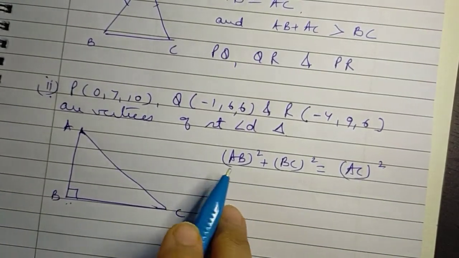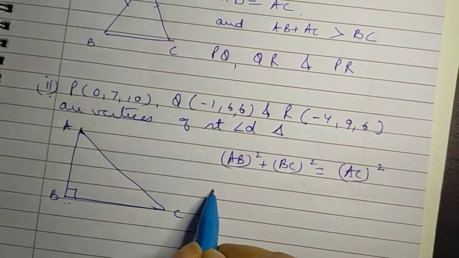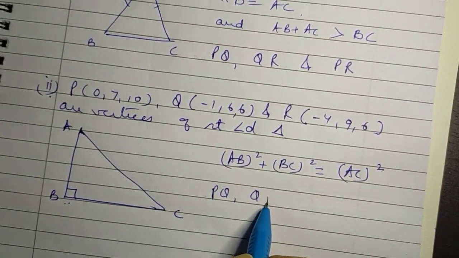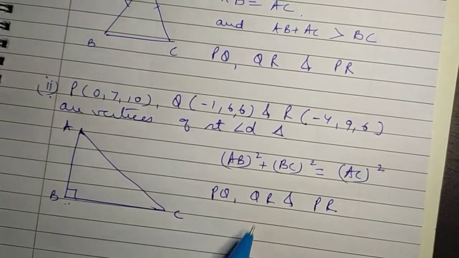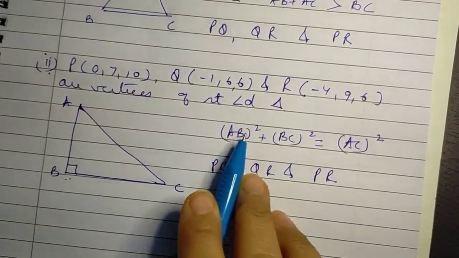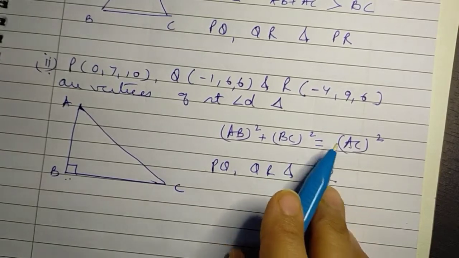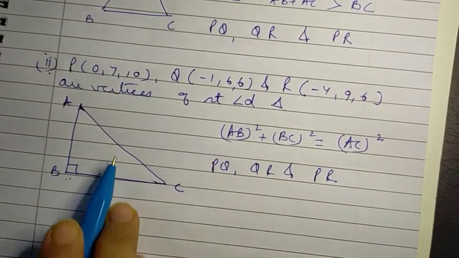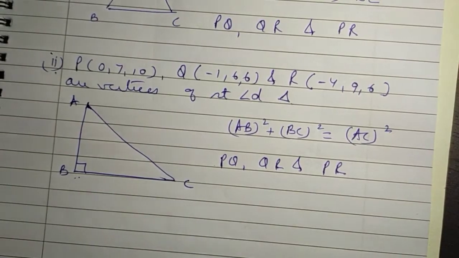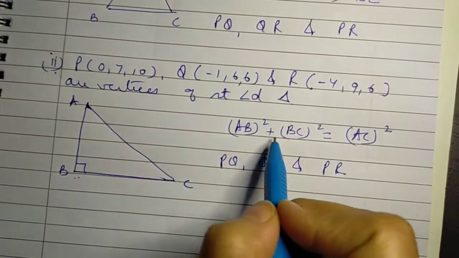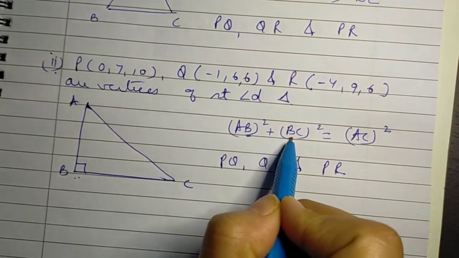So if we find PQ, QR and PR, and if we can prove that the sum of squares of any two is equal to the square of the third one, we'll say that these are vertices of a right angled triangle, right angled at the common point B.